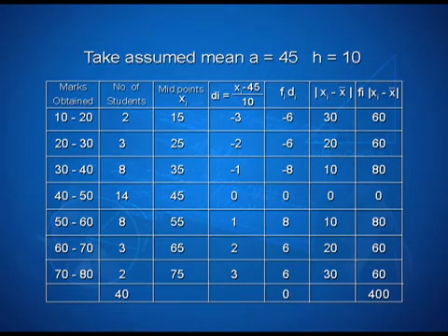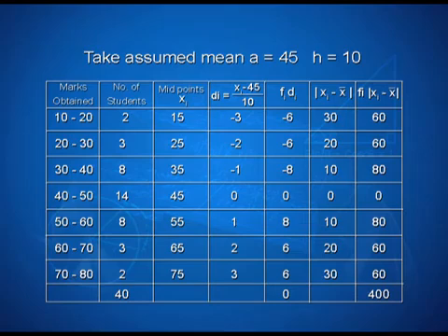Similarly, 25 minus 45 upon 10, that gives us minus 2. 35 minus 45 by 10, that gives us minus 1, 45 minus 45 by 10 gives us 0, and so on.